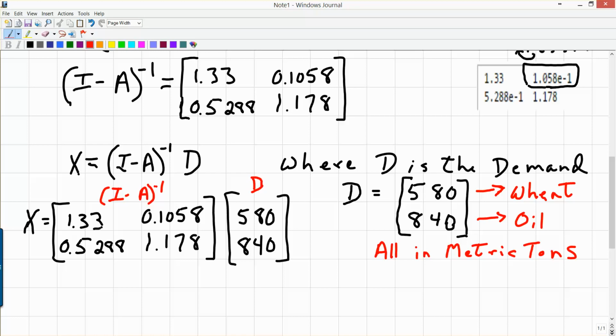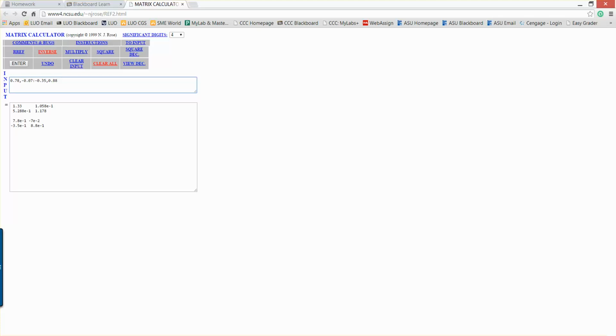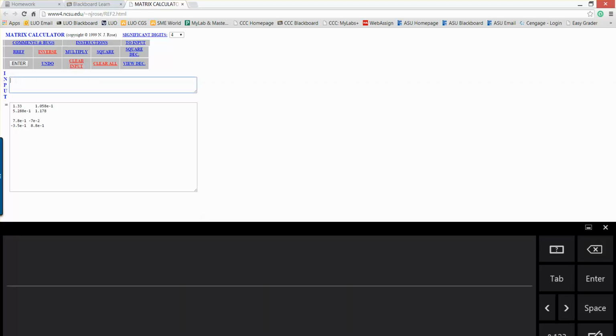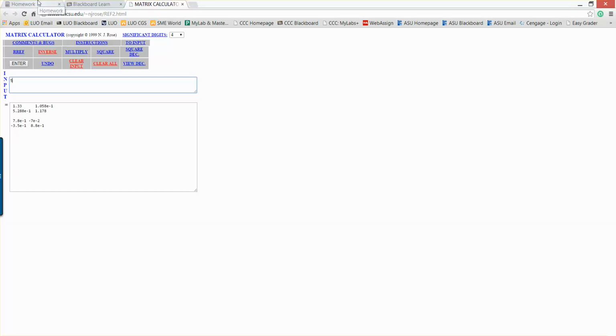We simply need to go back to the matrix calculator, enter matrix D, and then hit multiply. So we go back to the matrix calculator, and you'll note that we still have our inverse matrix in there. So we want to clear the input so that we can put in our matrix D, which in this case is going to have 580 colon 840.